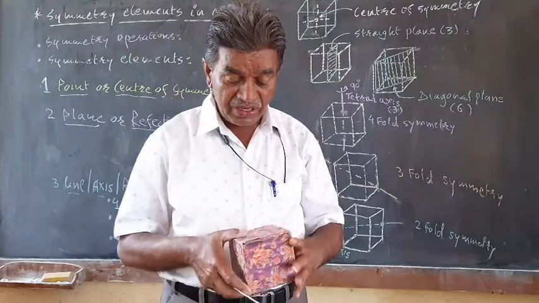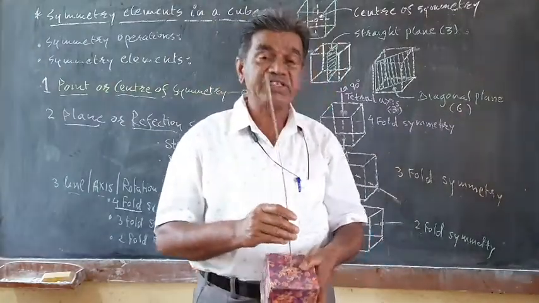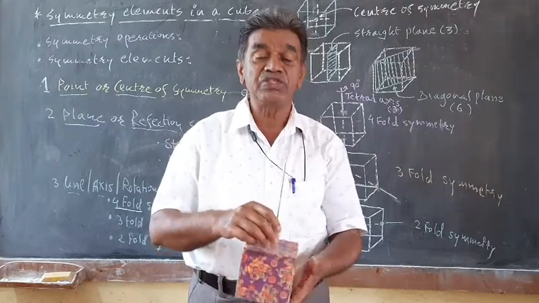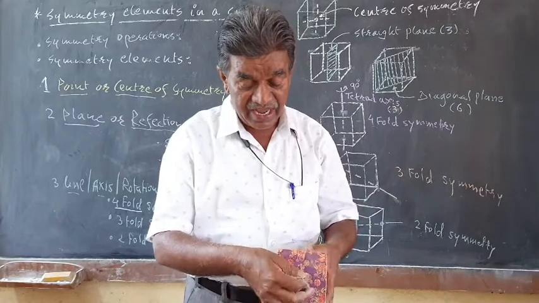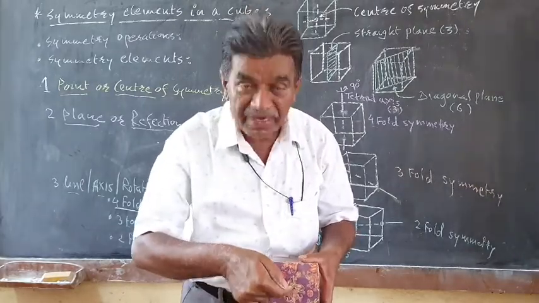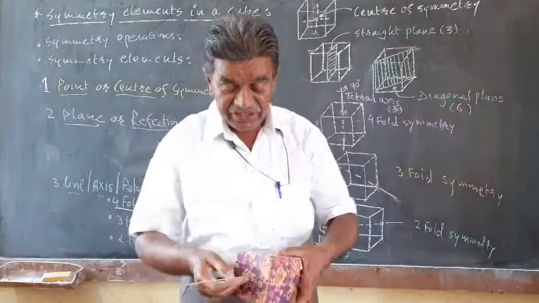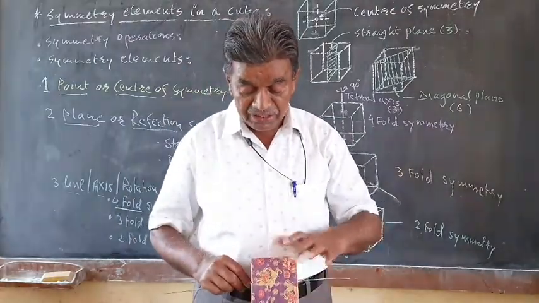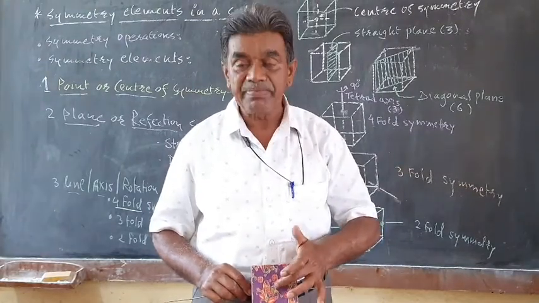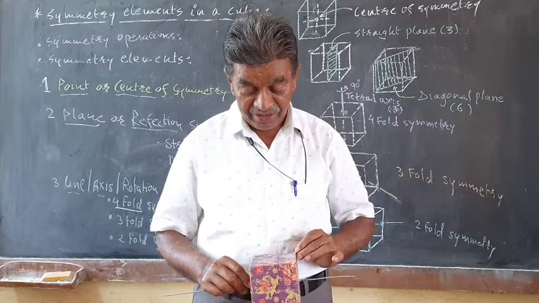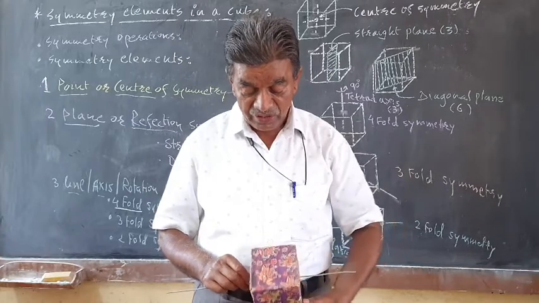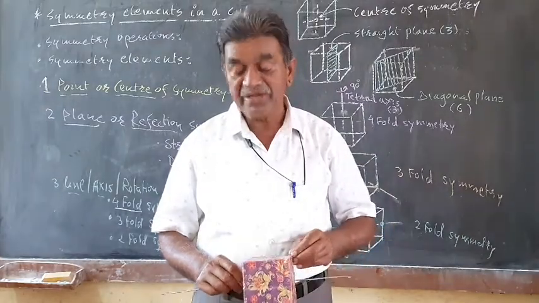As far as the cube is concerned, suppose the cube is rotated about the line passing through the midpoints and perpendicular to opposite faces, like this. This is the line, perpendicular to these opposite faces and passing through the midpoint of these faces, and the crystal is rotated here. If the crystal is rotated through 90 degrees, the same appearance occurs. So within one rotation, first you get the second appearance, then the third appearance, and then the fourth appearance.